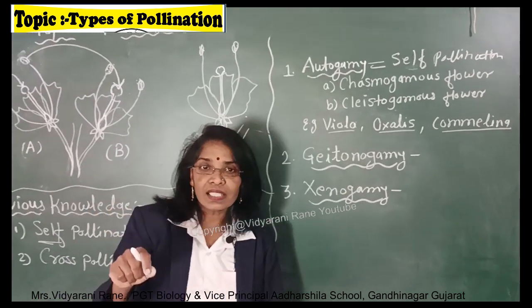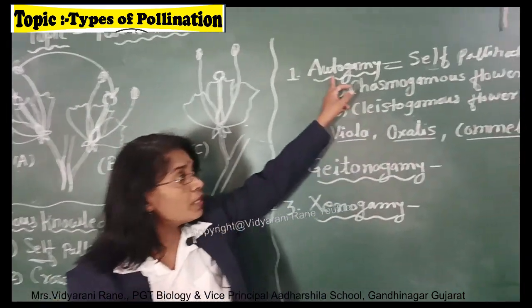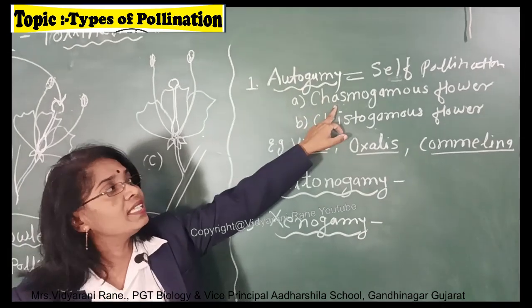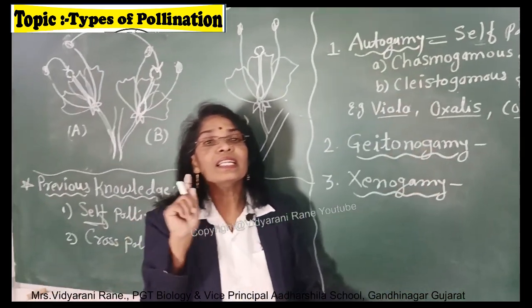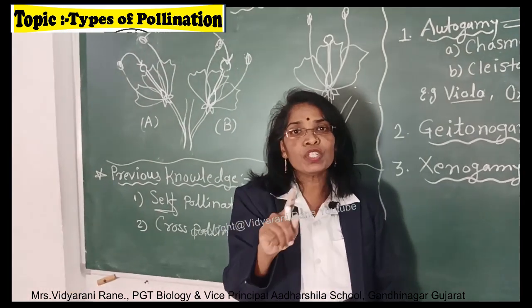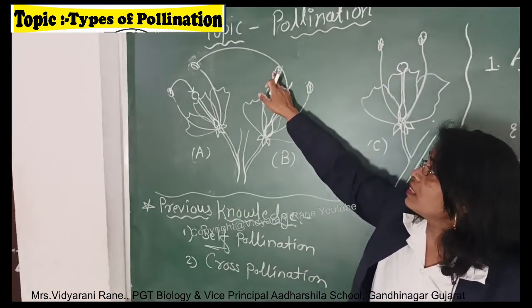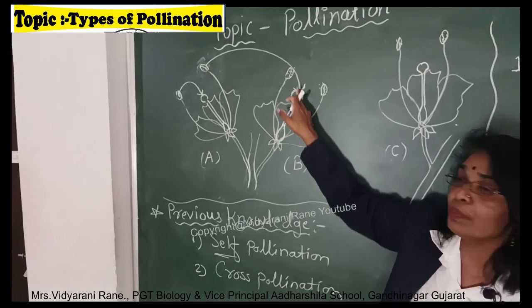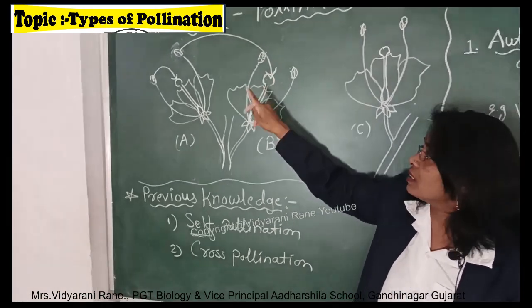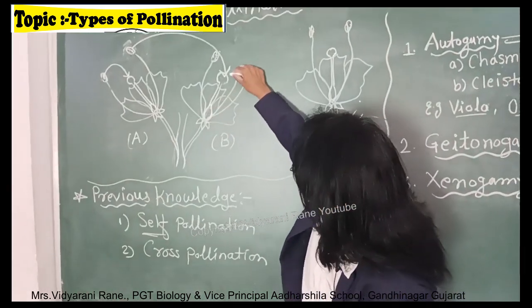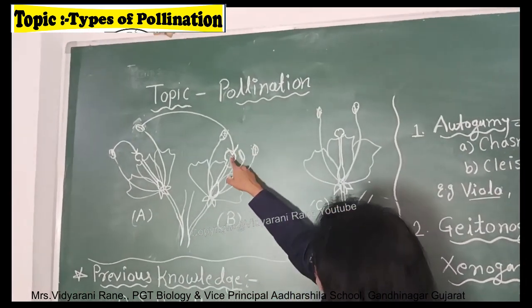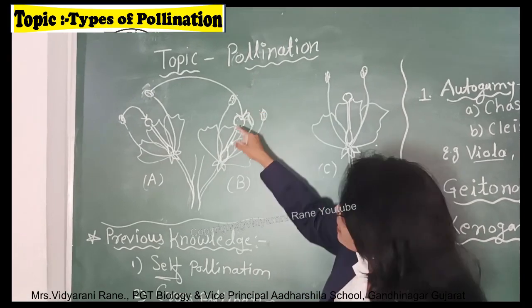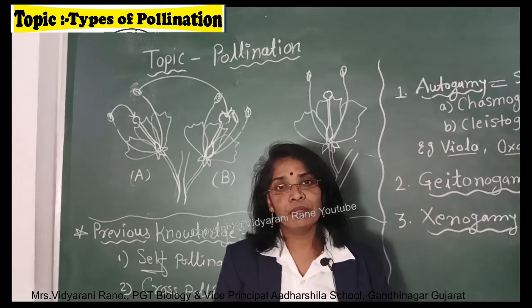Now what is the other condition to carry out autogamy in a chasmogamous flower? The condition is that the position of the anther and the stigma should be very close to each other. Suppose the stigma is here, very close to the anther, then 100% there will be autogamy, right?